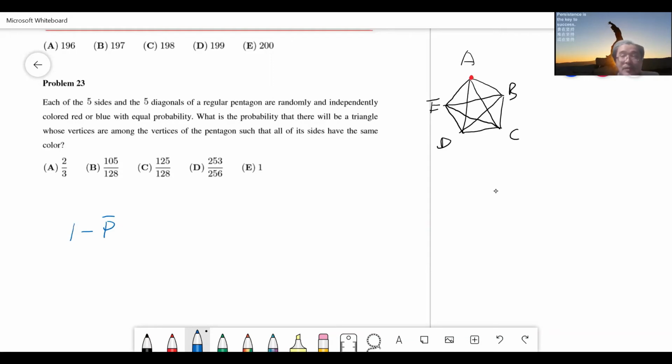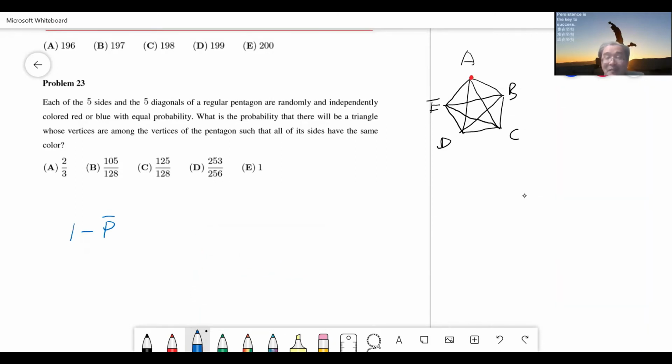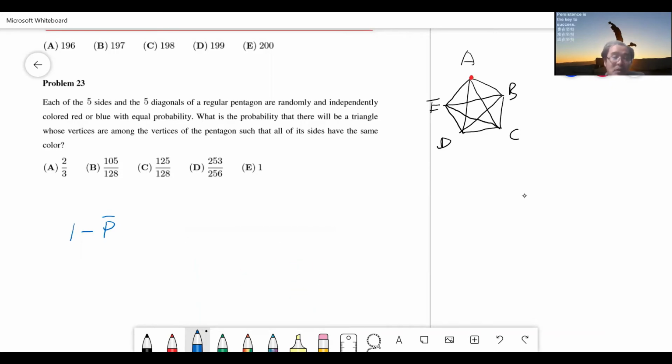All right, so to do this, we're going to focus on one of the vertices. We look at A. We're going to think about all the sides and diagonals from A colored in different ways, right? We can color all of these in red.